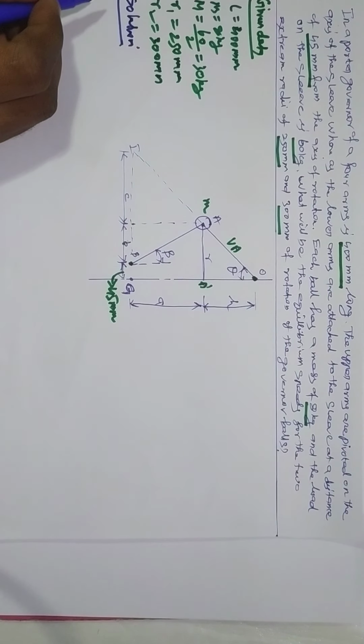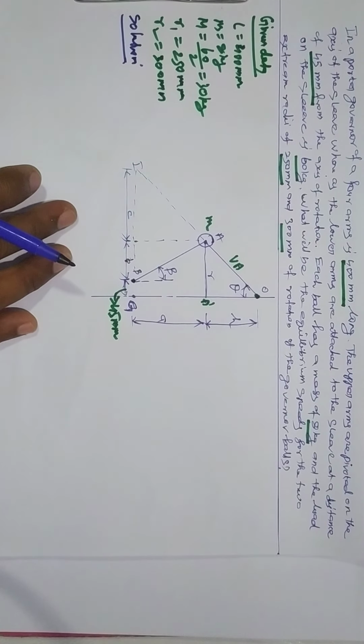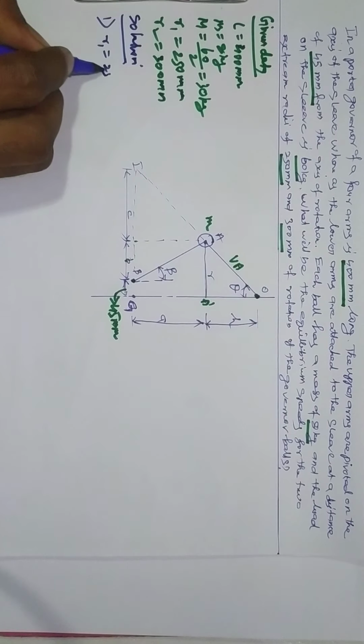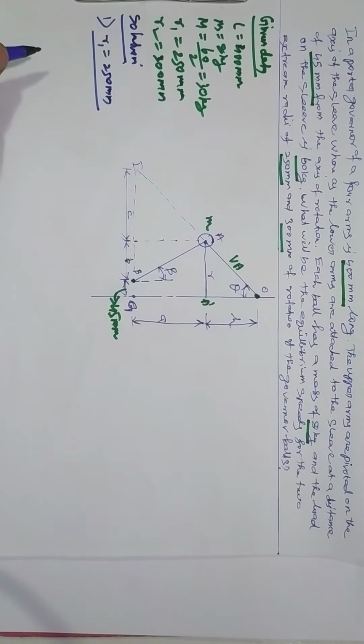So in this solution, first case R equal to R1 equal to 250 mm. Based on that you should calculate the speed of the governor.